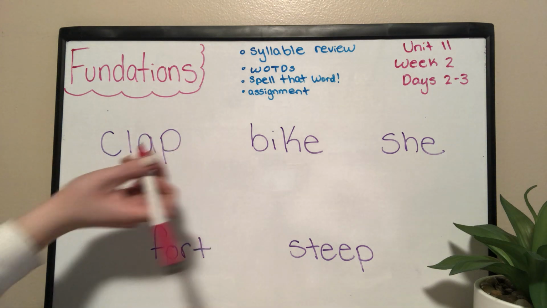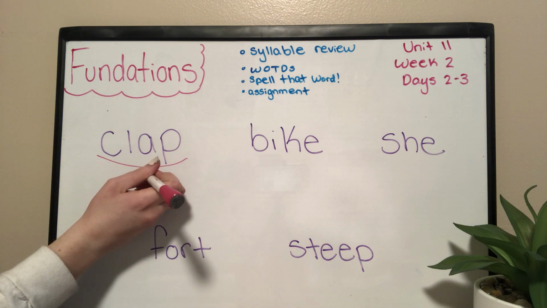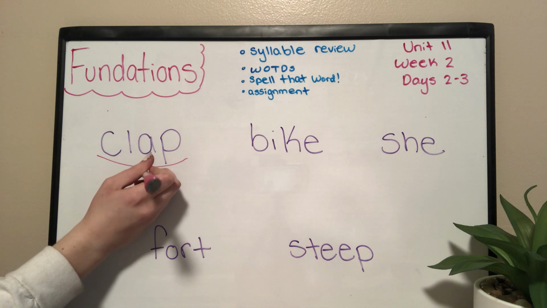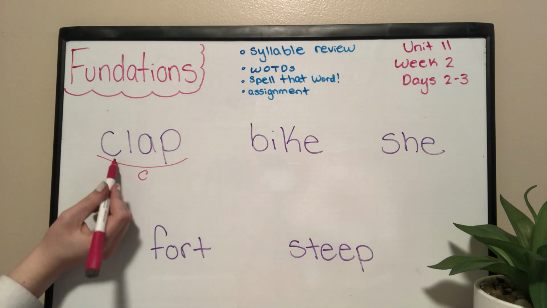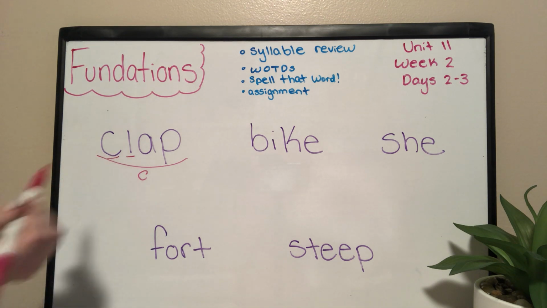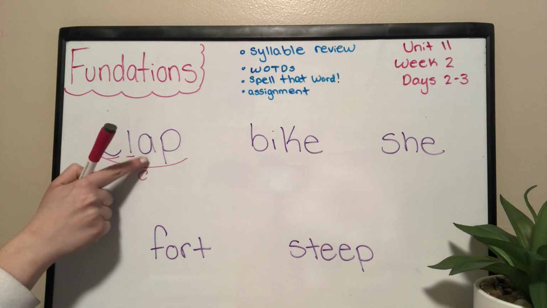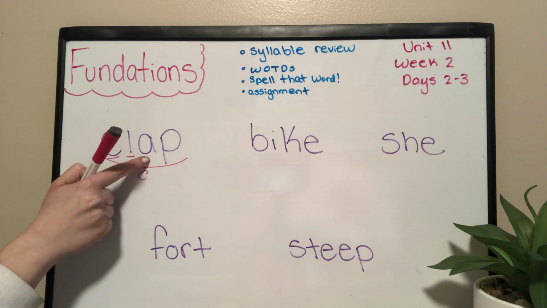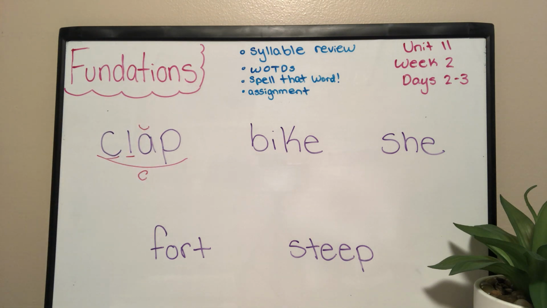Yeah, amazing. Clap, that is a closed syllable. You mark it with a C, yes. C for closed, not for Catherine. Sorry, Catherine. All right, we have a little consonant blend over here, not a digraph. So we put 2 lines instead of 1. And we have a short A sound, ah. So we're going to mark it with a breve.